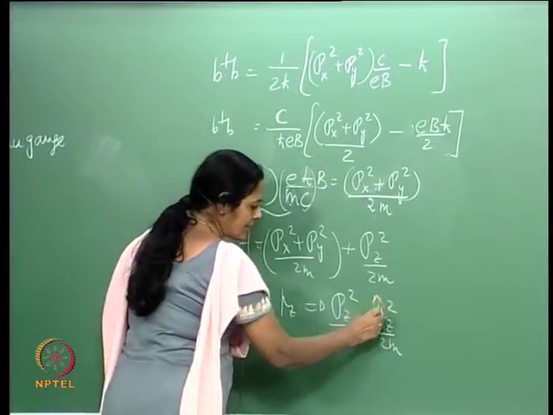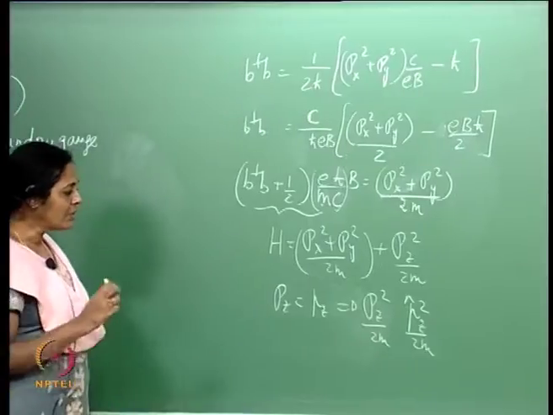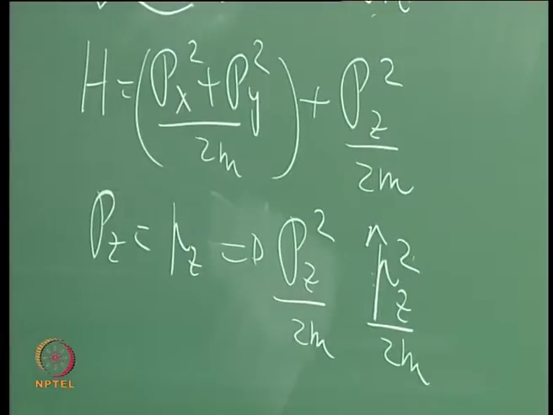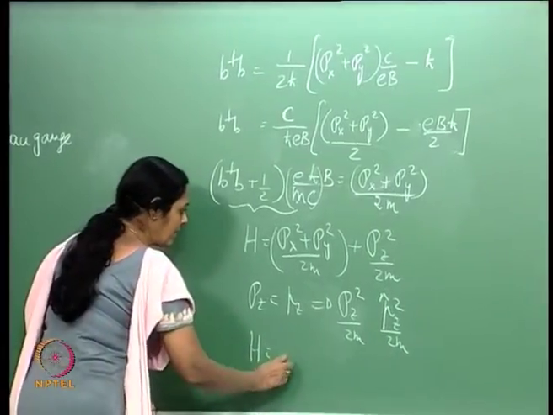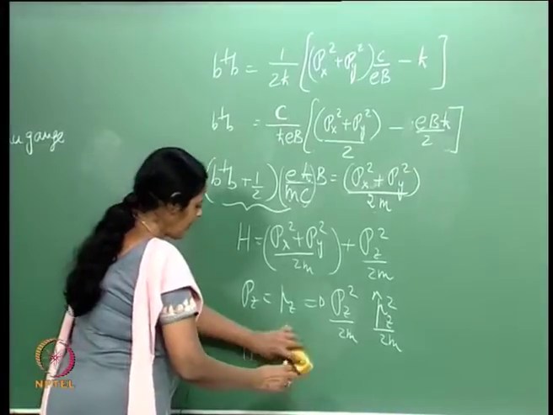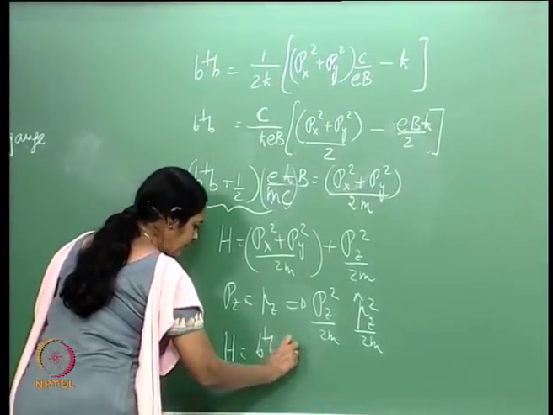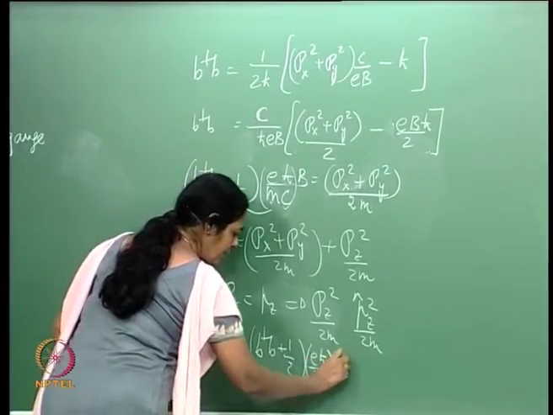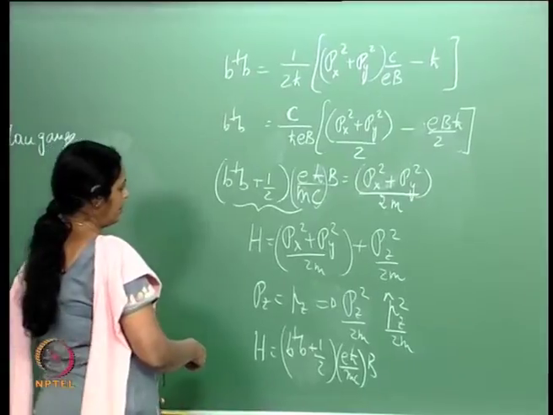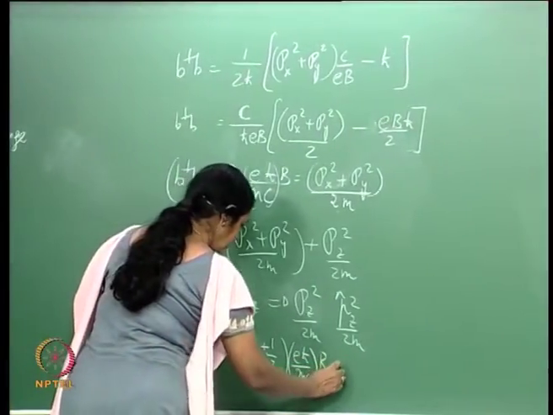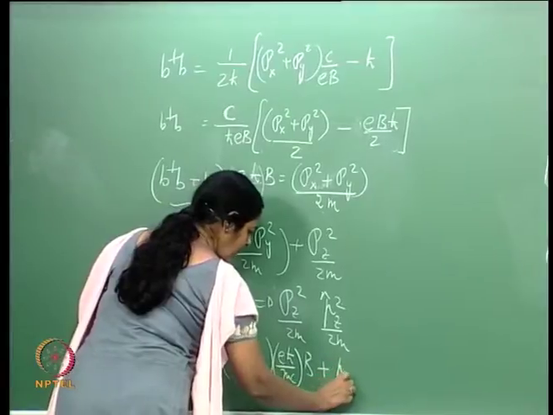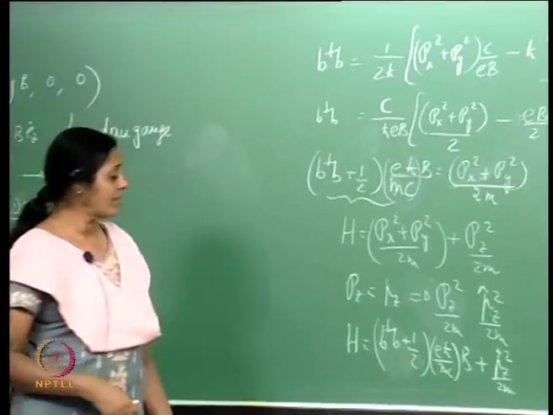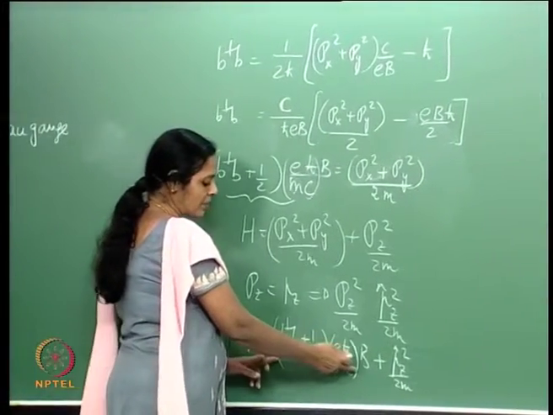You should remember that this is an operator, it is not a number, this is a Hamiltonian, it is an operator pz squared by 2m. But therefore the Hamiltonian can be written in a very easy form as B dagger B plus half times EħB by MC plus Pz squared by 2m.